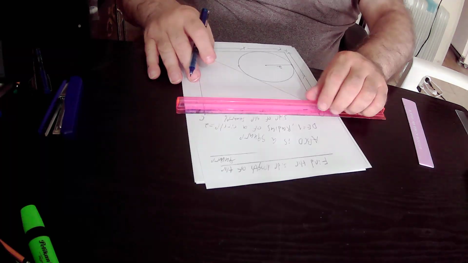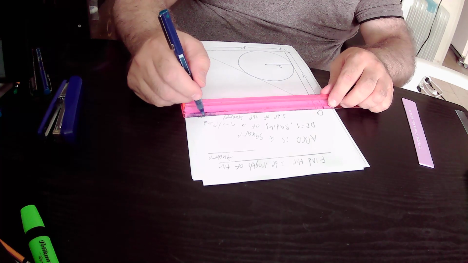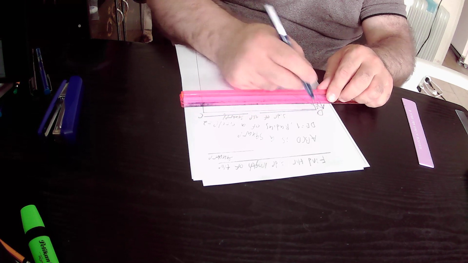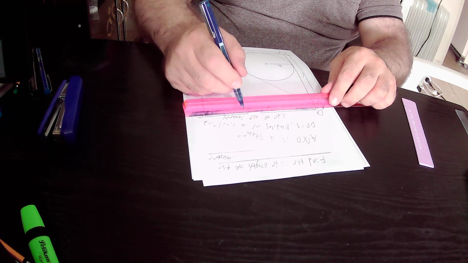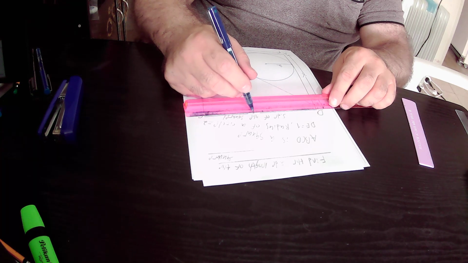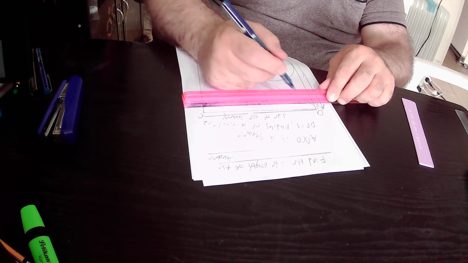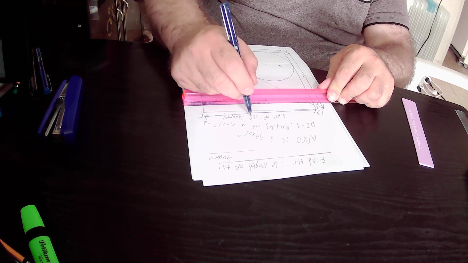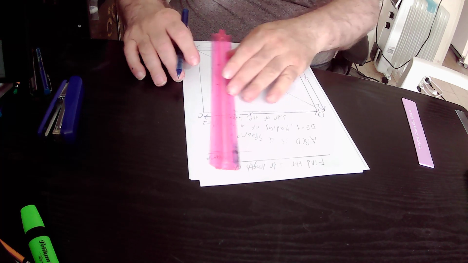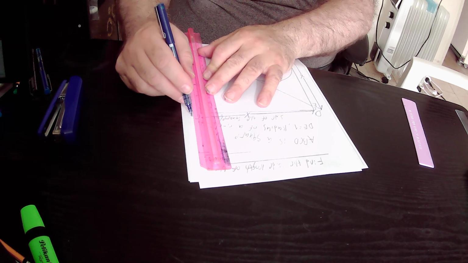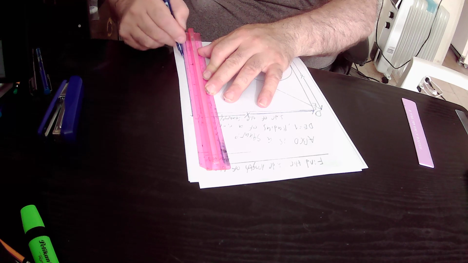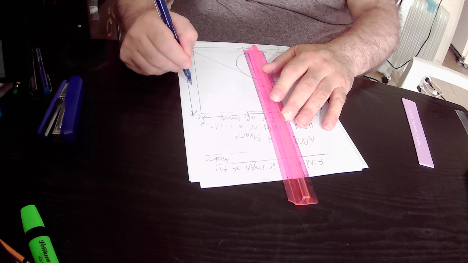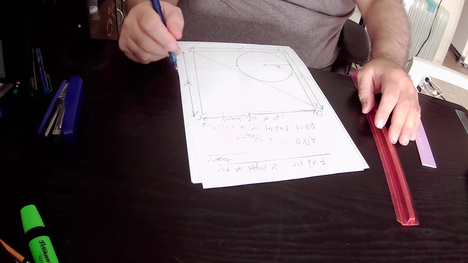The length of side DC is also equal to x, according to our definition, of course. And the length of side BC or CB of square ABCD is equal to x.